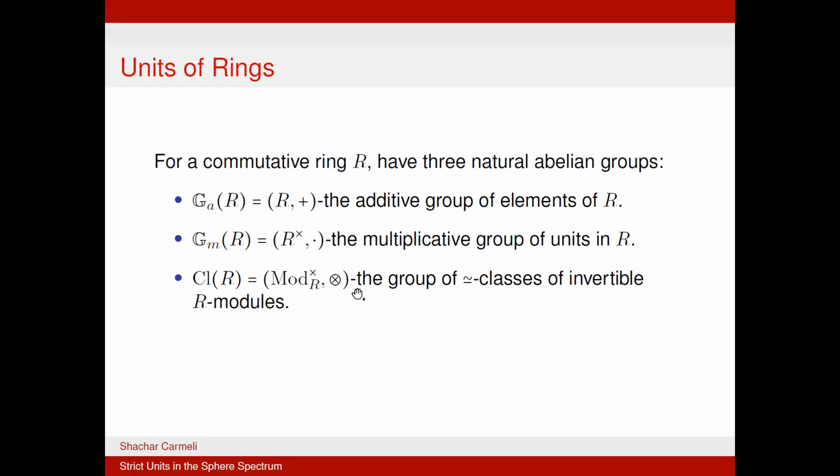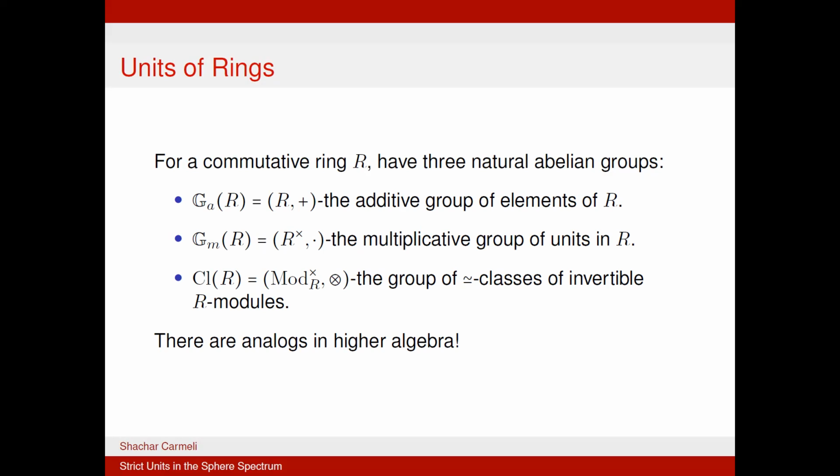If we want to think about it in a slightly sophisticated way, it's the invertible elements with respect to the tensor product in the category of R modules, which I want to think of as some kind of categorification of R, or a one categorical level up manifestation of the ring R. And those are three very important invariants we can assign to a ring. They all play a role in geometry, number theory, and all sorts of things. And the point is that all those groups have analogs in higher algebra.